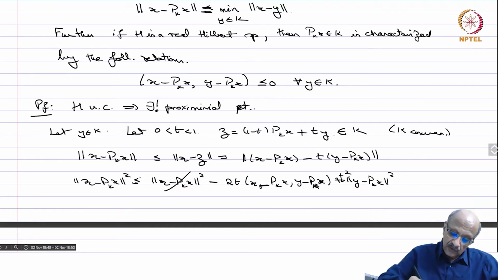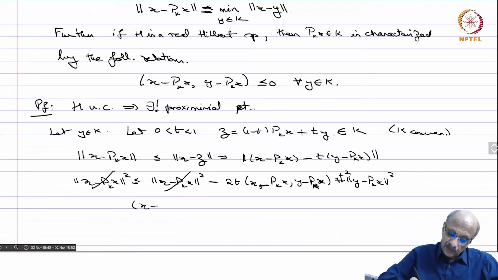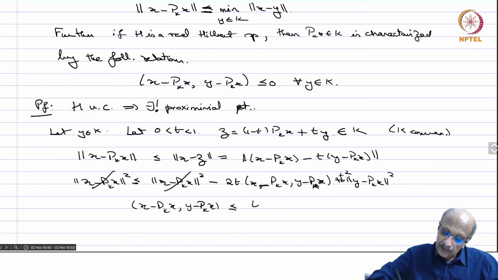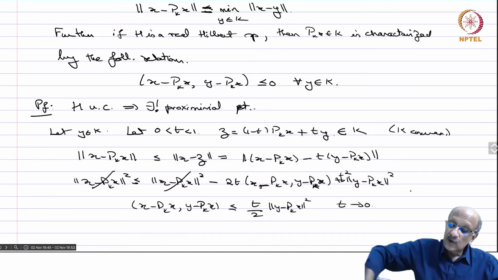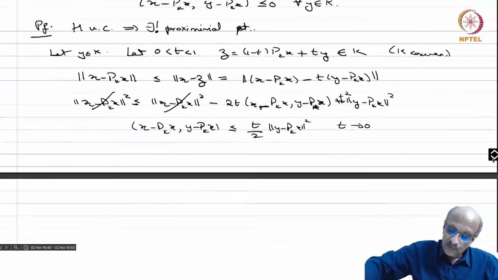Okay, so these two get cancelled, so you get the inner product of x minus P_K x and y minus P_K x is less than or equal to t by 2 times norm of y minus P_K x squared. So now you let t tend to 0, and you get the inner product of x minus P_K x and y minus P_K x is less than or equal to 0. So that proves one part.